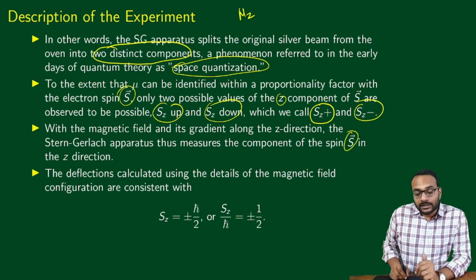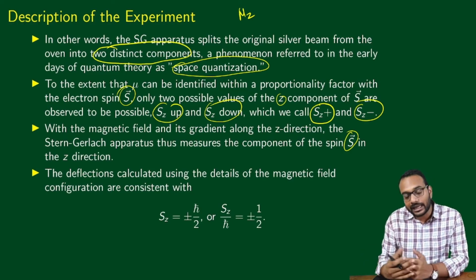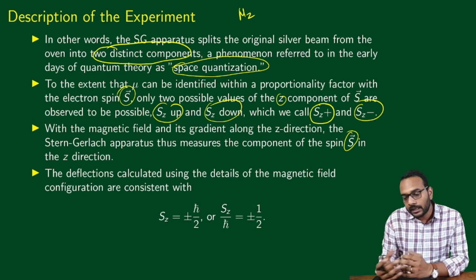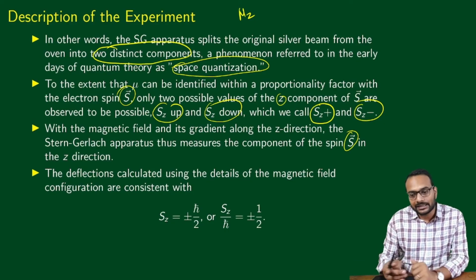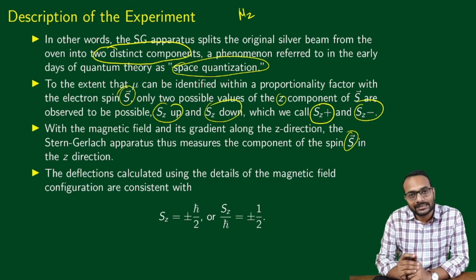If you know the details of the magnetic field configuration, you can classically calculate the deflection, and comparing it to the experimentally observed results, we find that Sz takes values plus or minus h cross by 2, or in other words, Sz by h cross equals plus or minus half.